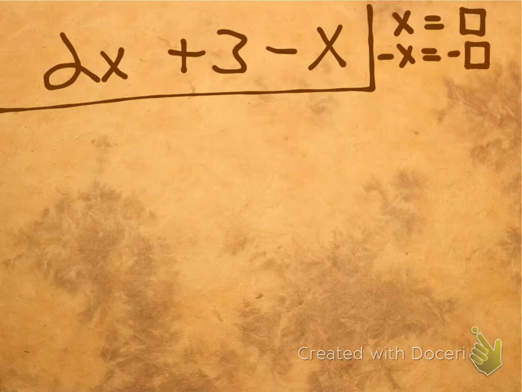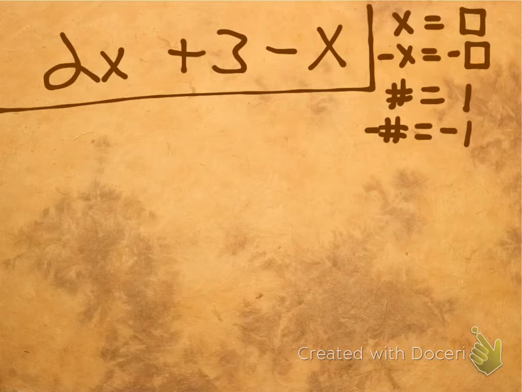For regular numbers without an x connected to it, we're just going to put a 1 or slash. And then for negative numbers, we're going to put a negative slash. So this is the key for our drawings. Now, what I want you to do at this point is just work your way across the actual equation or the expression and draw these out.